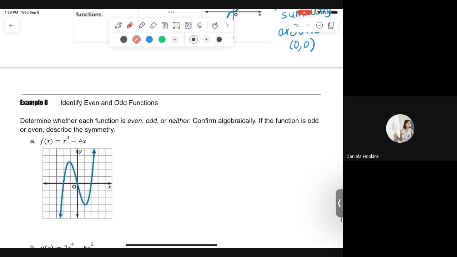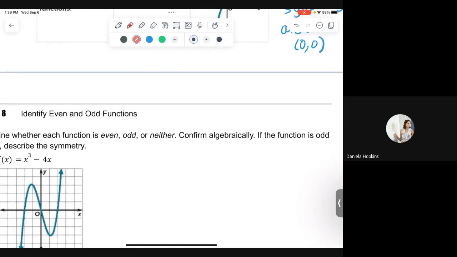So the steps for this. Your first step here is that you're going to plug in negative x. You will have 3 things that can happen.